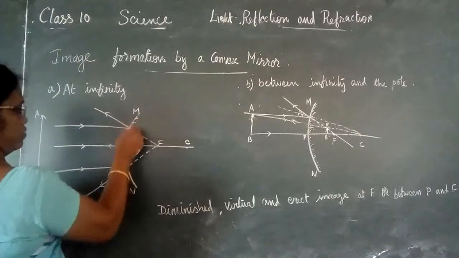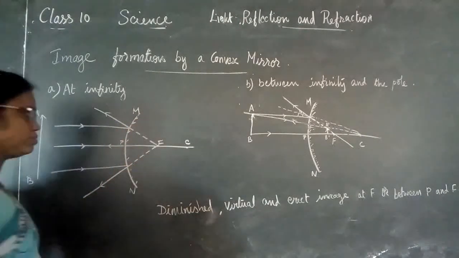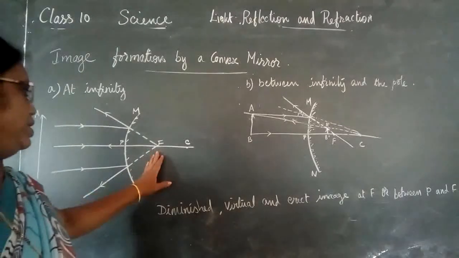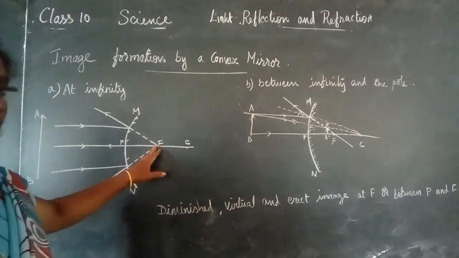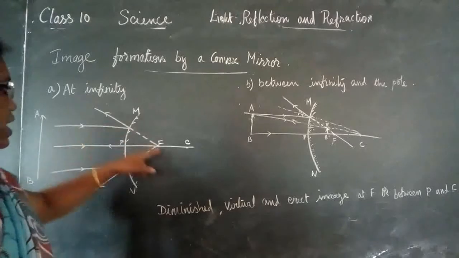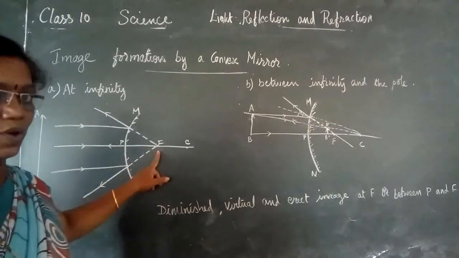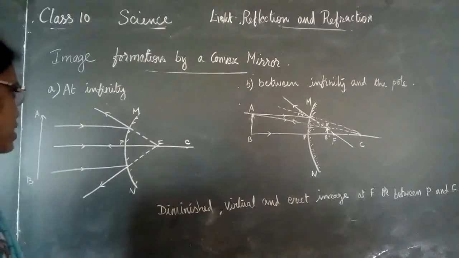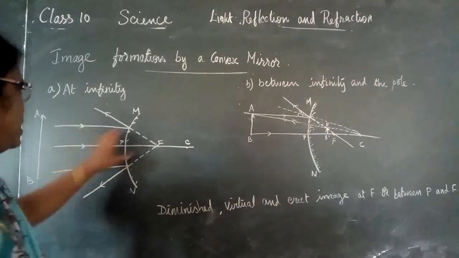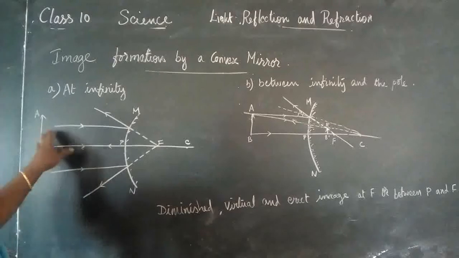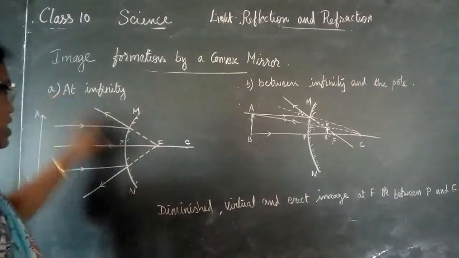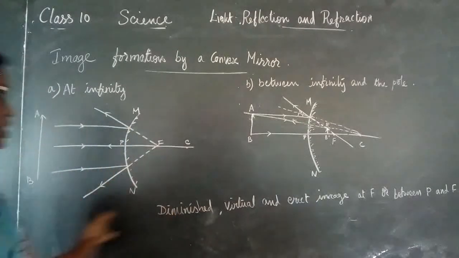Principal focus of this convex mirror. It appears the lines start from here, and these divergent rays come and meet at this point F. So these are divergent rays, because the light rays get diverged after reflection.